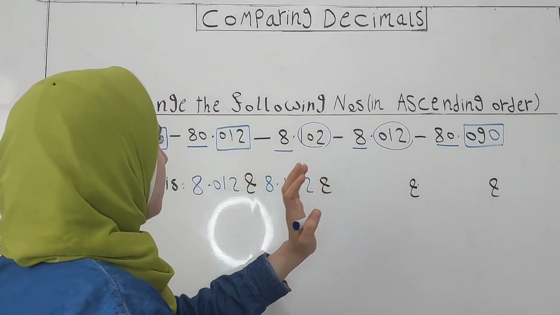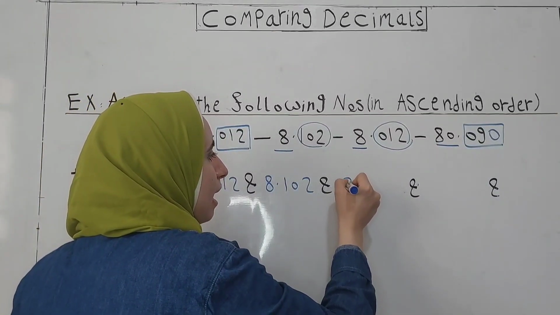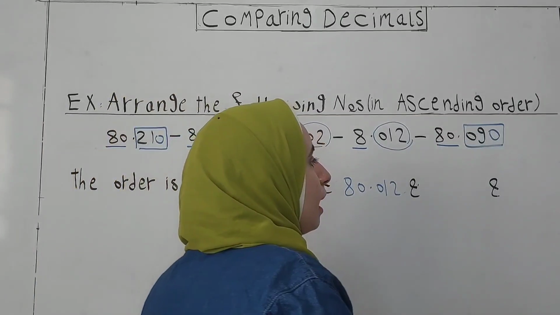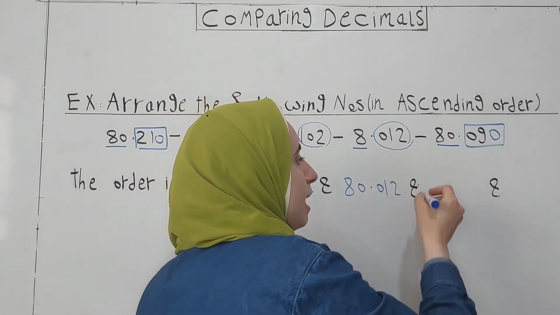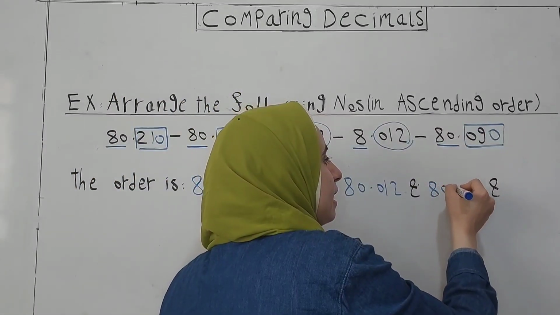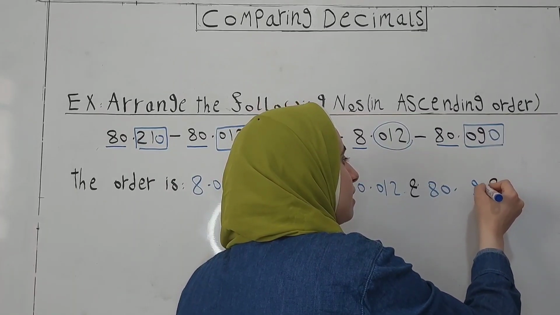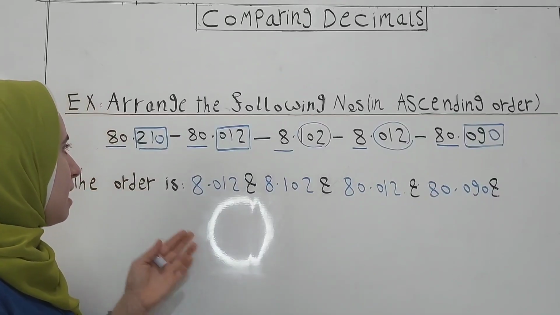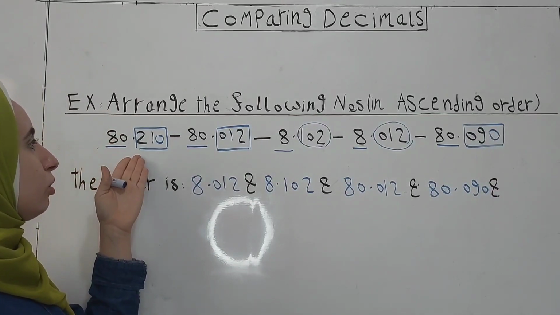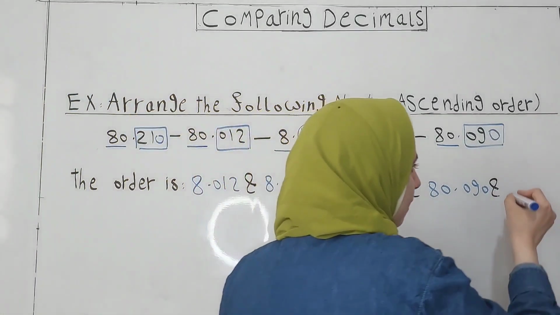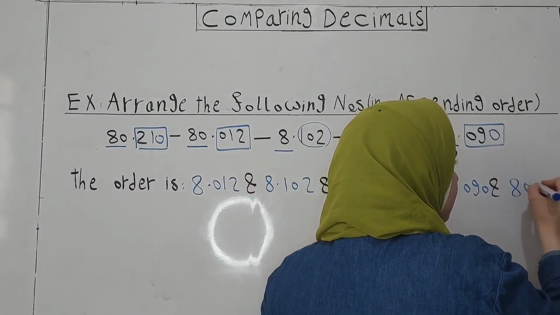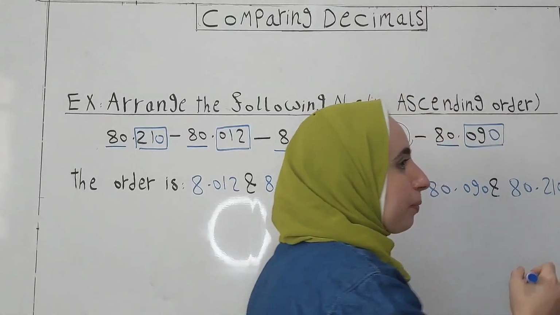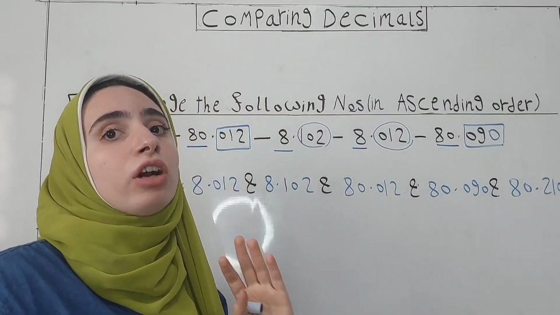So the third number is 80 and 12,000. And the fourth number is 80 and 90,000. And the largest number is 80 and 210,000. That's all we have for our lesson now.